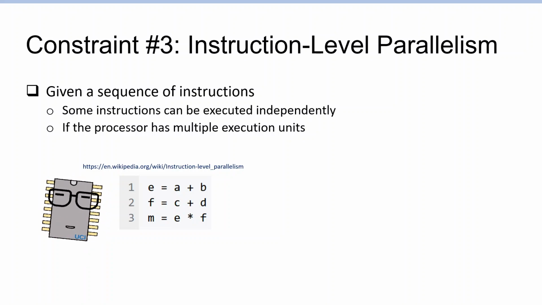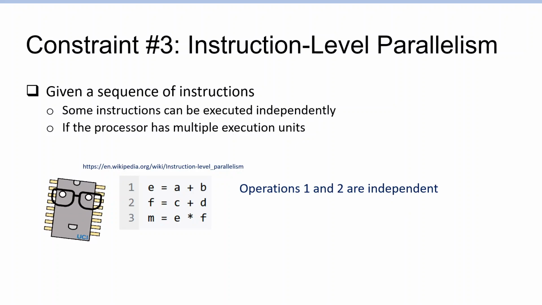In this example, operation 1 and 2 are independent because the inputs to 1, A and B, are not dependent on anything, partially because operation 1 is the first operation. The inputs to operation 2, C and D, are not the outputs of instruction 1, so operation 1 and 2 are independent, which means that if our processor, let's say, has 2 adders in its hardware, then operation 1 and 2 can potentially be executed in parallel without changing the output of this program.